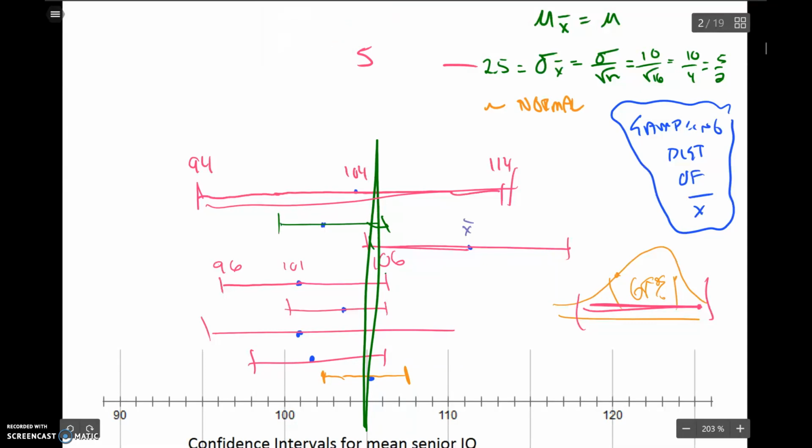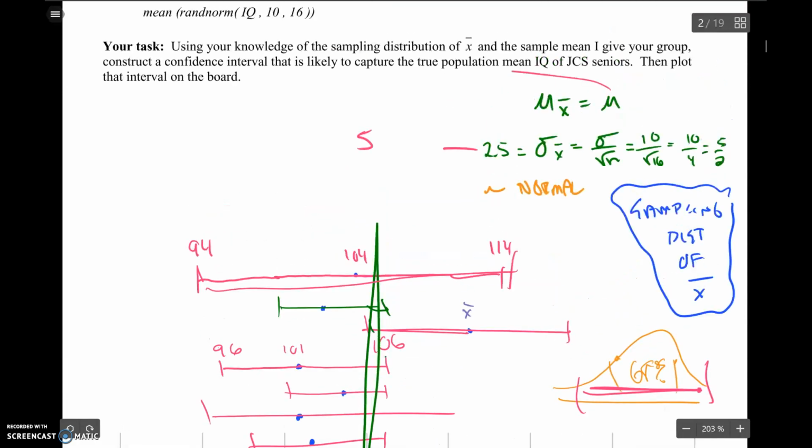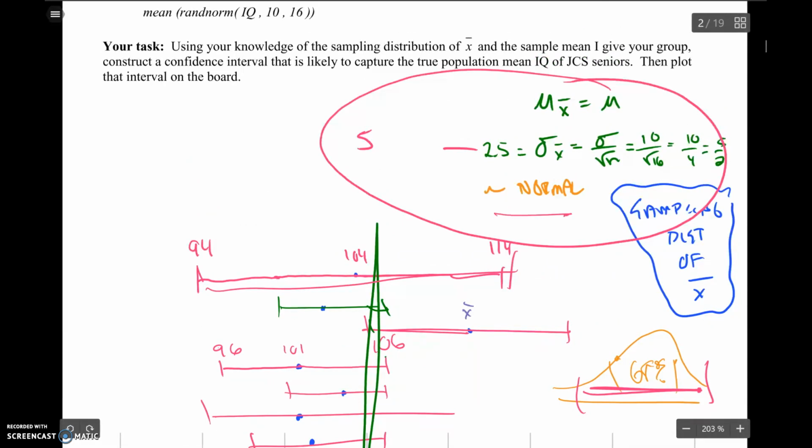But really, this thought process here is exactly how we calculate confidence intervals. We consider the shape. We look at the standard deviation of the sampling distribution of the statistic. And then if the shape is normal, and this is the standard deviation, if I want a 95% capture rate, I simply multiply by about 2, and that's going to give me an interval that's going to capture it about 95% of the time.